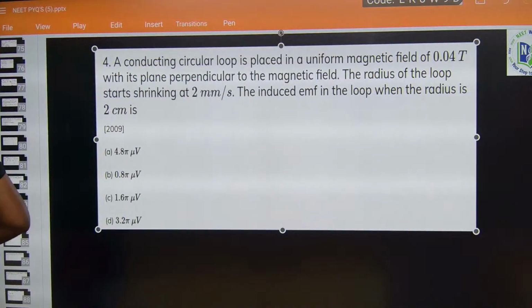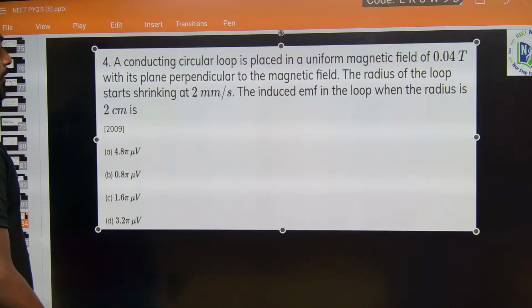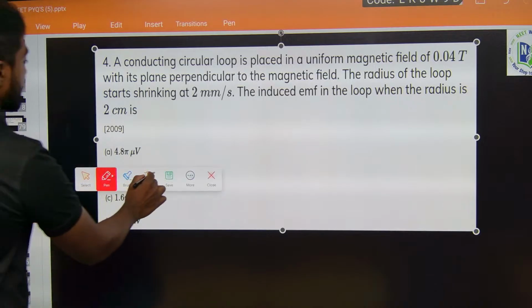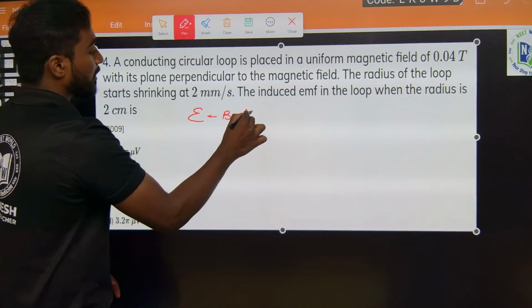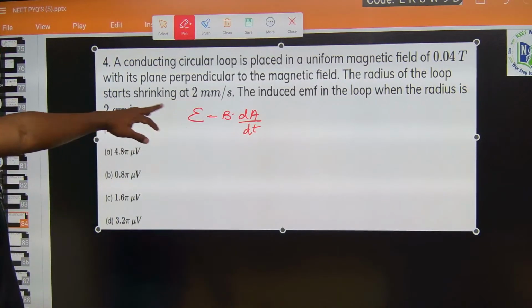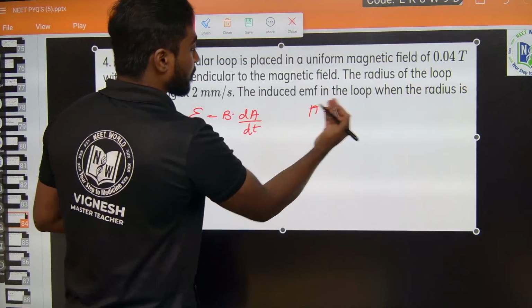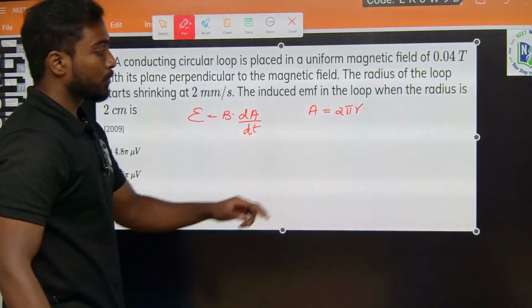What is the formula for this one? Area is shrinking, no? So area is shrinking, in the sense E is equal to B dot dA by dt. It's a circular loop, so area is pi r squared, and the radius is shrinking.